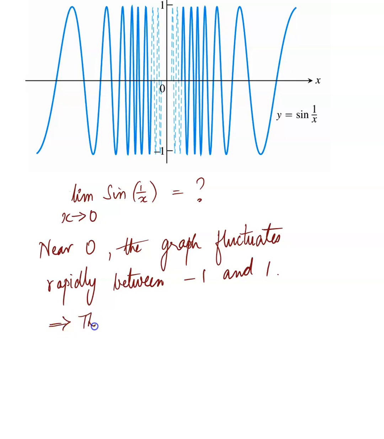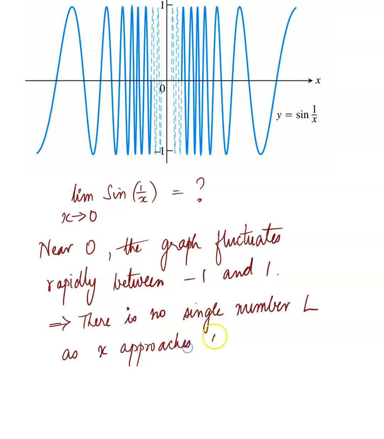This implies there is no single number L, right? Because we're looking for the limit, as x approaches 0 from the left or from the right.